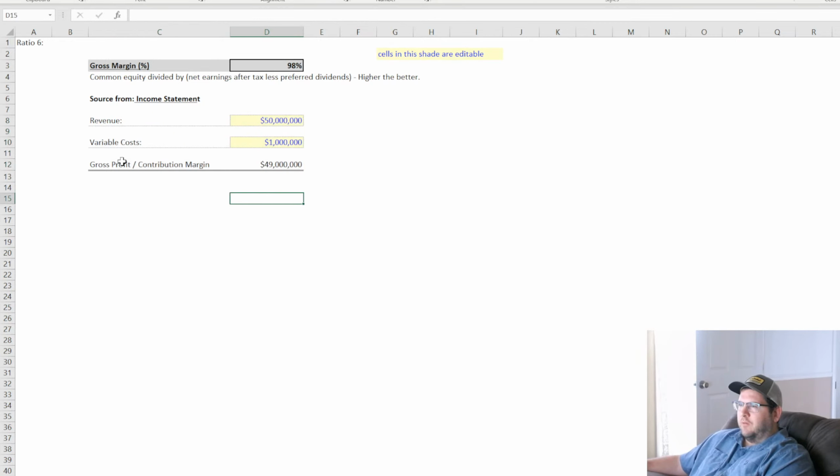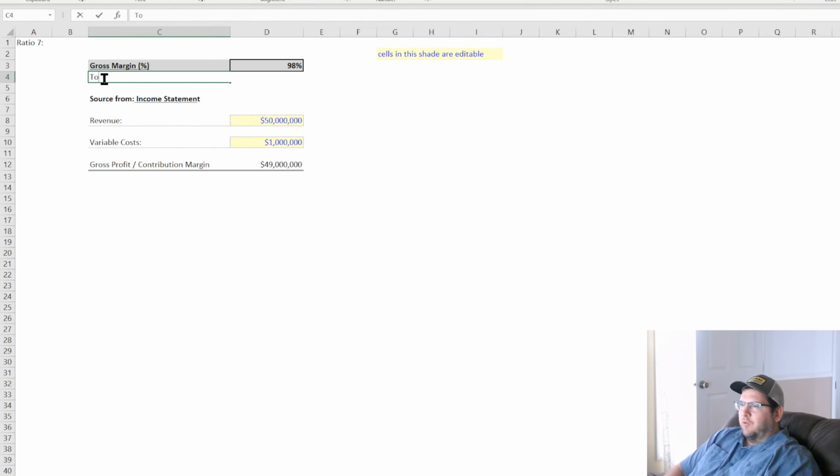Income statement. Yeah. Revenues, variable costs. And that is a ratio. You can consider that a ratio: total revenues less variable costs divided by total revenues.